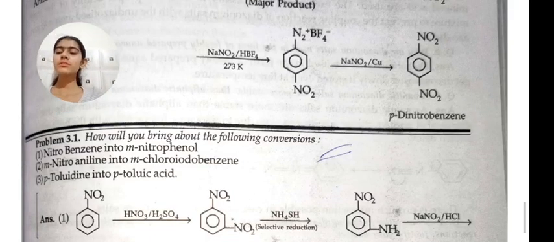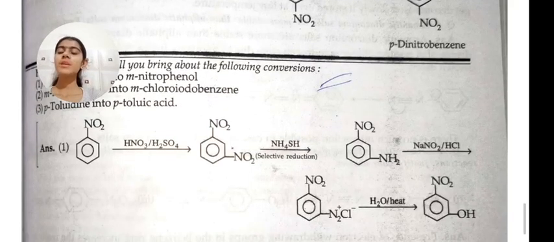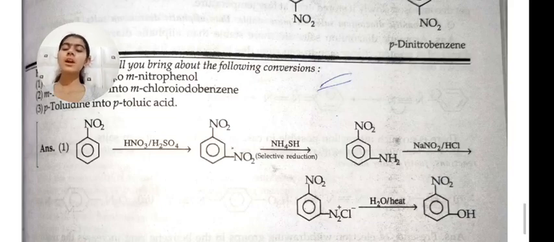So let's do the first conversion, that is, nitrobenzene into meta-nitrophenol. First, nitrobenzene is reacted with HNO3 in the presence of H2SO4, that is the nitration reaction, which gives 1,3-dinitrobenzene, which undergoes selective reduction in the presence of NH4SH.